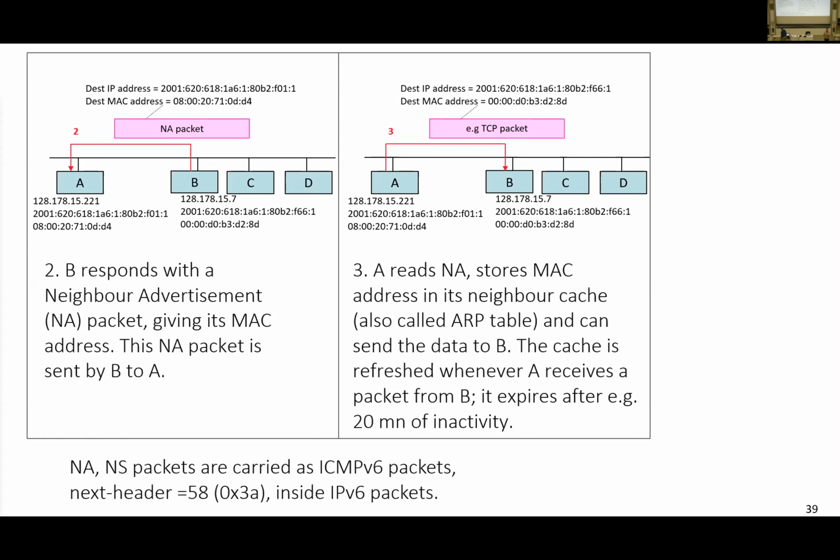Even if you stream things in one way, there is always TCP acknowledgements in the reverse direction, for example. So A is likely to receive traffic from B. So if A is streaming things to B, the cache will never expire because once in a while, A will receive a packet from B that will confirm the MAC address of B. This is how things are organized.